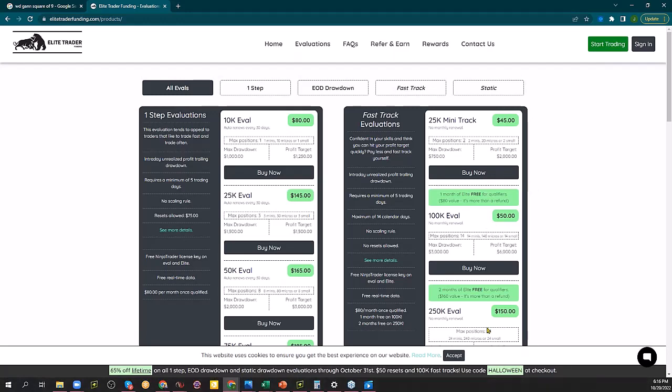So really, it's not that bad. Then you don't have to worry about risking your own capital, at least for a while. Try to qualify for one of these with the Warp software, especially these end of day, no trailing drawdown, versus intraday unrealized profit trailing drawdown. So yeah, thank you, Bruce, for the recommendation on that.